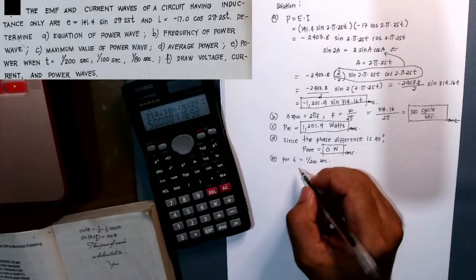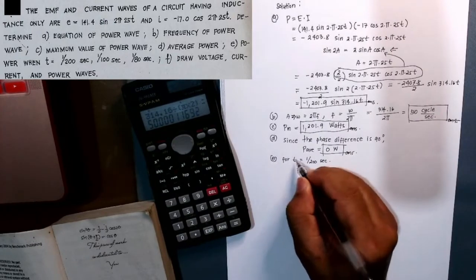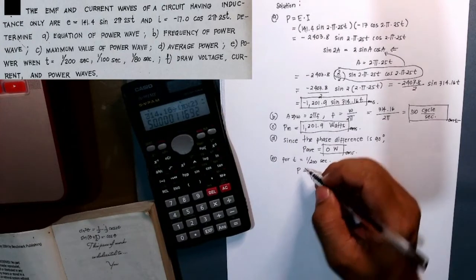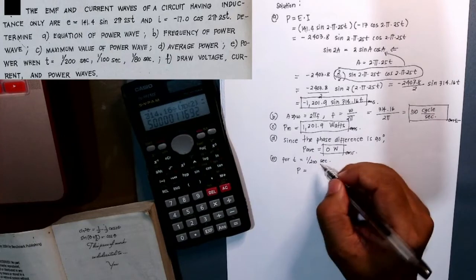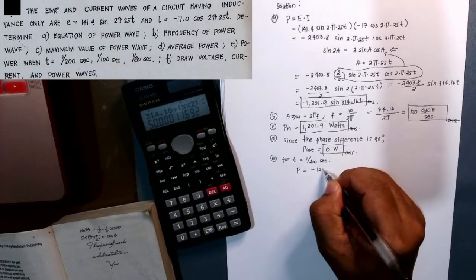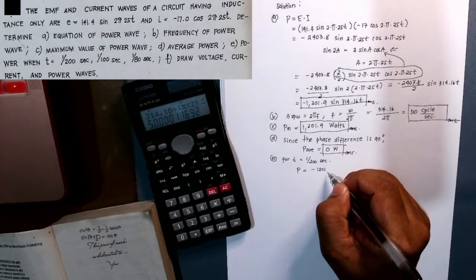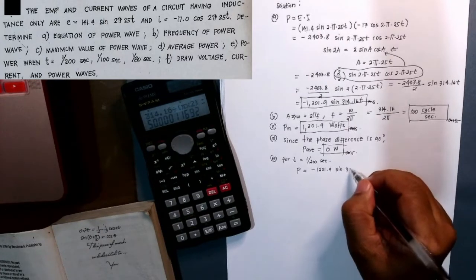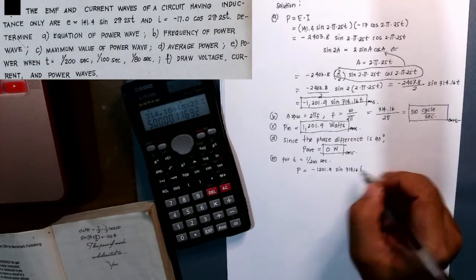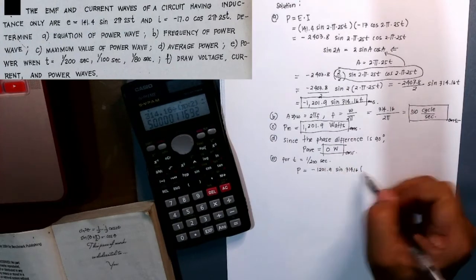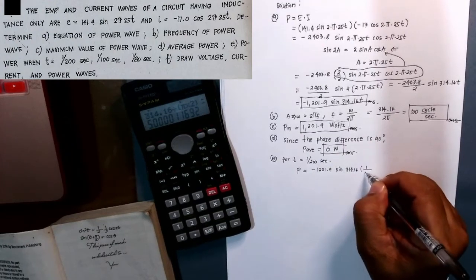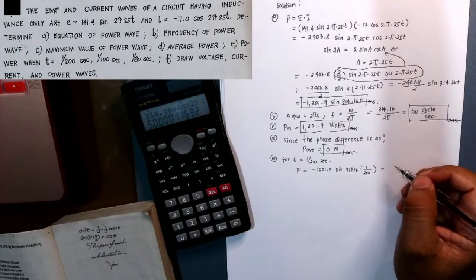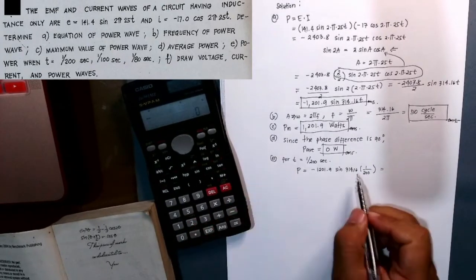You have here p at this instance, negative 1201.9 sine 314.16. So instead of writing just t, you substitute the value 1 over 200. So you just have to get the value of this one.